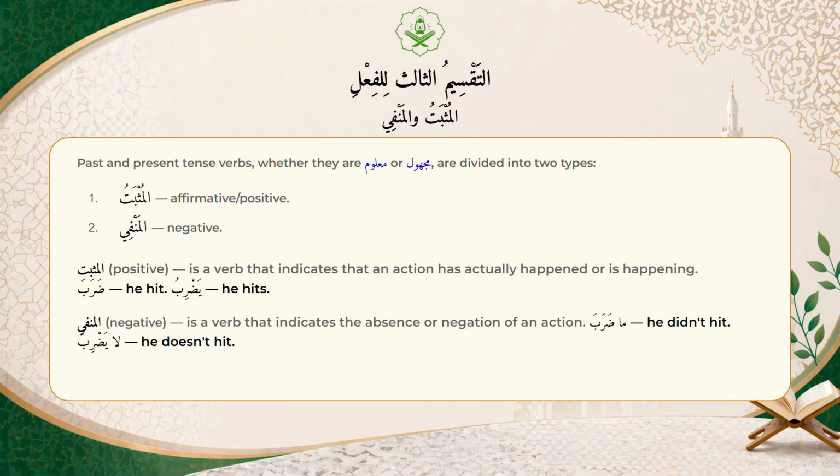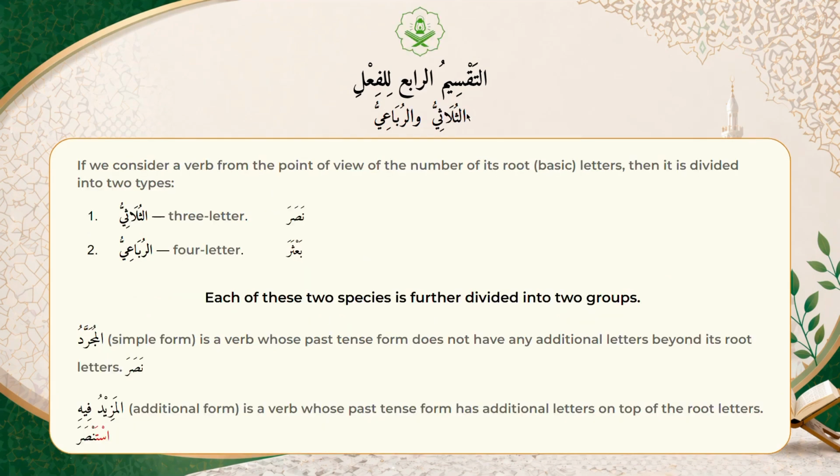For example, ما ضرب, he did not hit, or لا يضرب, he does not hit, right? So every verb has مثبت and منفي, the positive and negative form. That's our third classification.